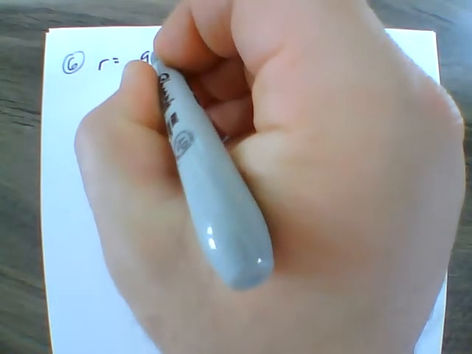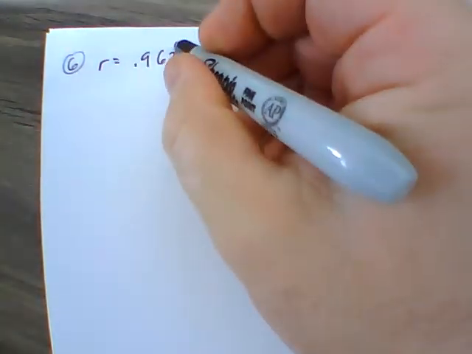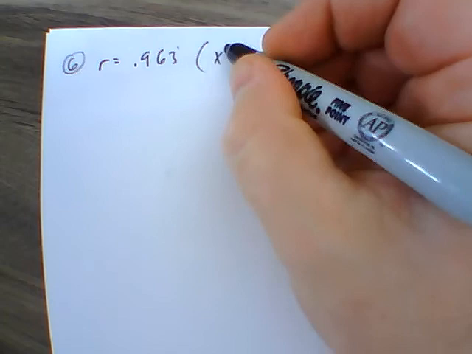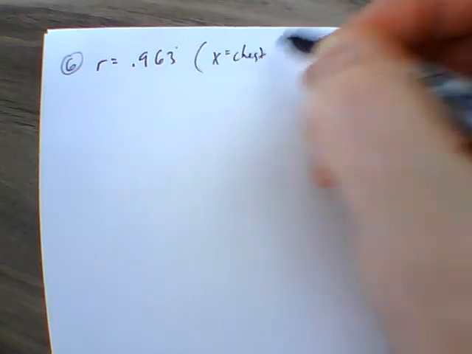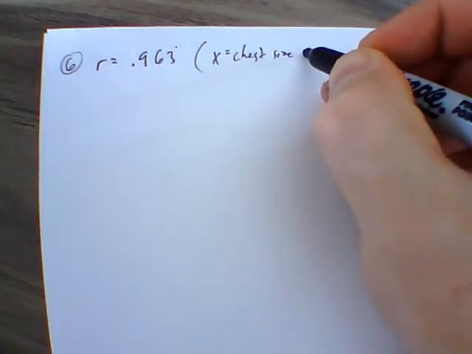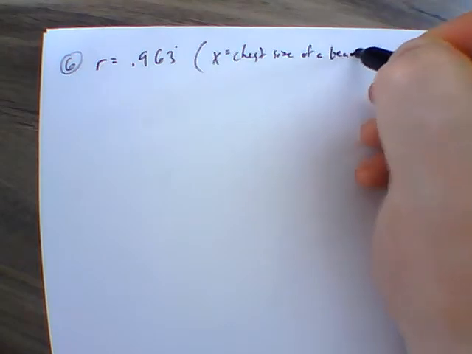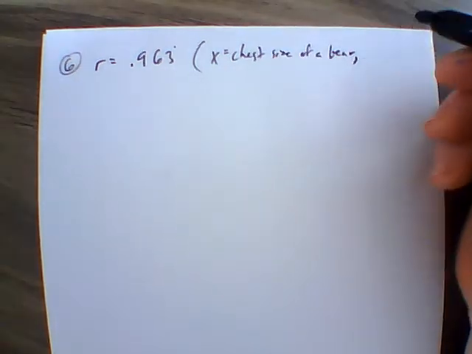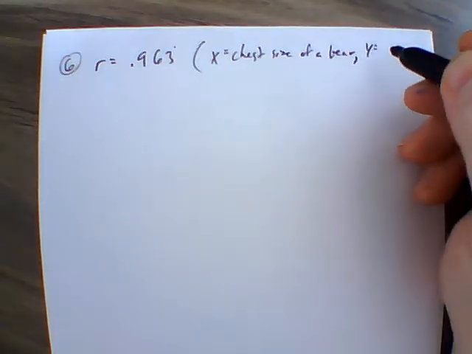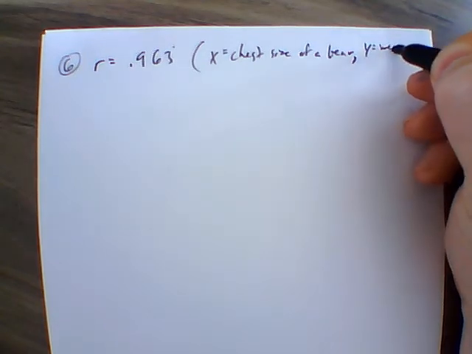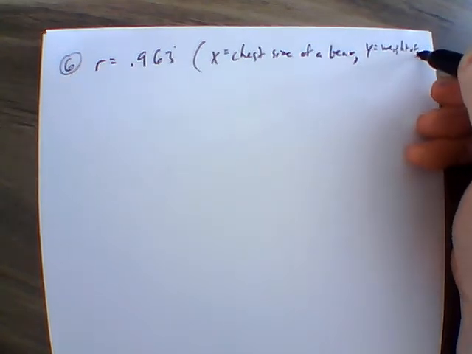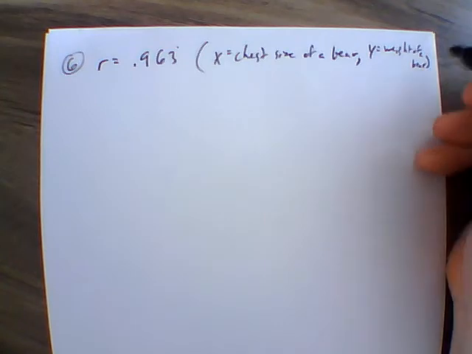If we look at number 6, we talk about R equals 0.963. They tell us X was the chest size of a bear and Y was the weight of a bear.